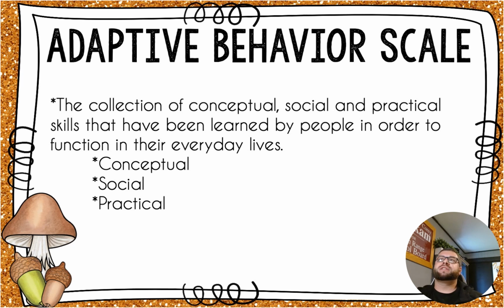So adaptive behavior is the collection of conceptual, social, and practical skills that have been learned by people in order to function in their everyday lives. So what does this mean? Well, one of the things it's going to ask on this adaptive behavior scale. What normally happens is a teacher gets one of these, and it's basically like a survey. Can the child do this?